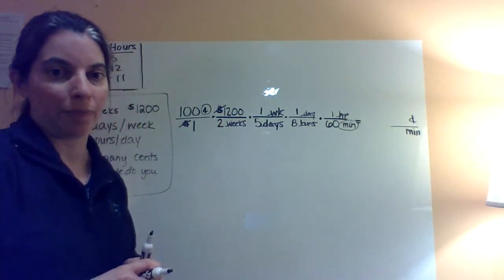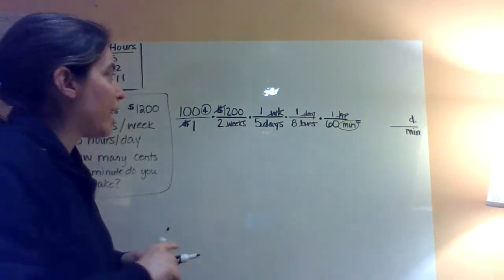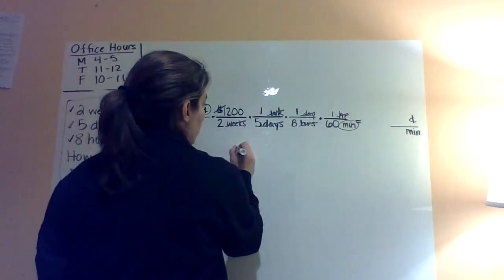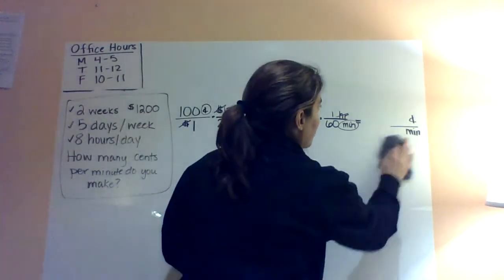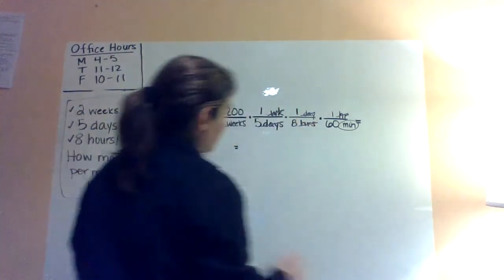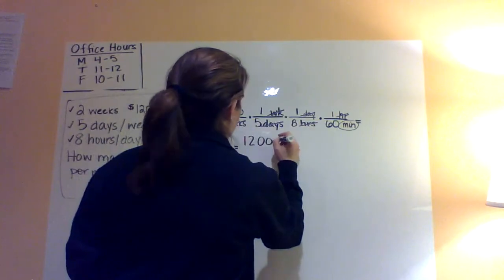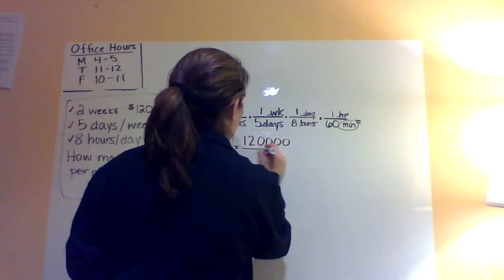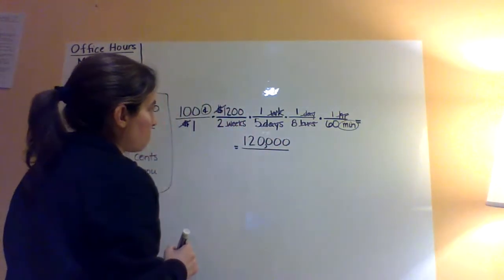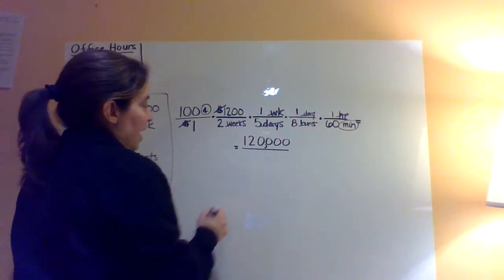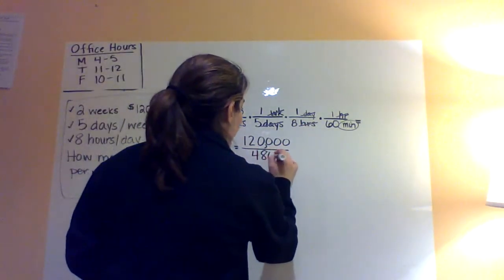Okay. If I multiply straight across the top and straight across the bottom, so I'm just going to erase this from here so we have a little more space. Okay. I would get 1,200 times 100, so 120,000 on top. And I get 4,800 on the bottom.